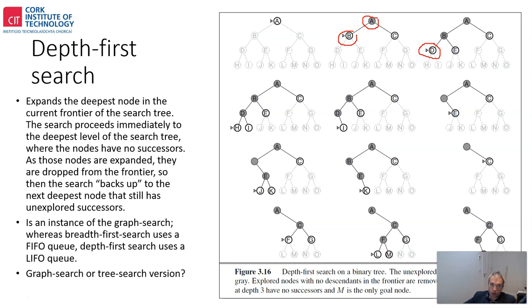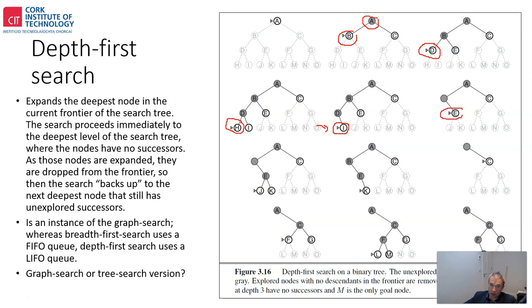And now I and H have been added to the frontier. Expand H. Now, there are no deeper layers to expand to, so we can discard H at this point, as we see here, and we hop back over to I, and there are no successor states to I, and we haven't achieved the goal state, so we discard that.